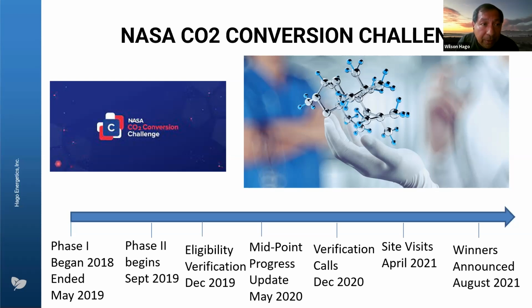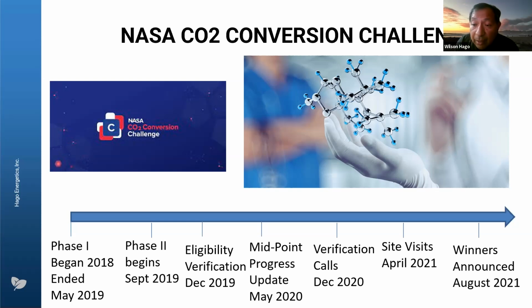And so there was a period for the eligibility verification, and then there were progress midpoint reports. Eventually, we had people that submitted and gave a talk to convince judges that the solution was viable. And after doing that, there were site visits, people actually coming to our lab to inspect whether the solution made any sense.